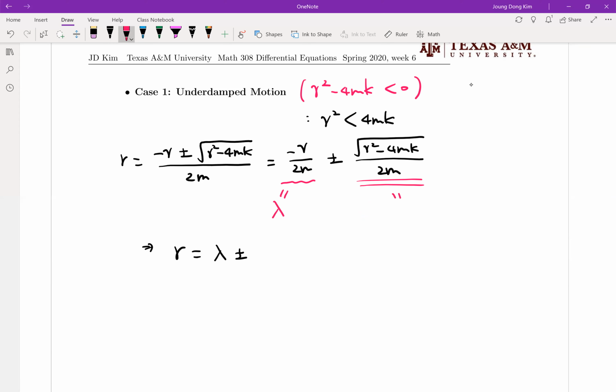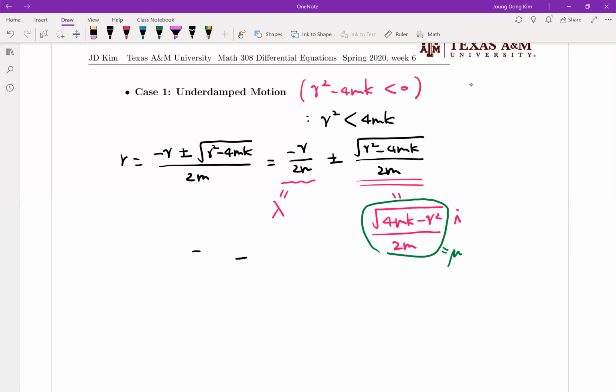This part is the square root of 4mk minus gamma squared, times i, over 2m. I will define this part as mu. Then I can write my r as lambda plus or minus mu i, which is the solution of the characteristic equation, and with this we can write the general solution.